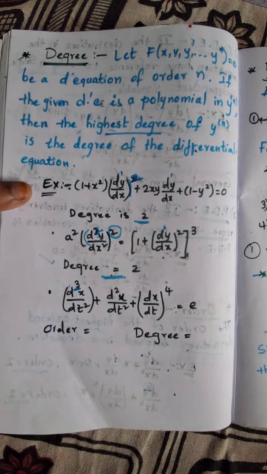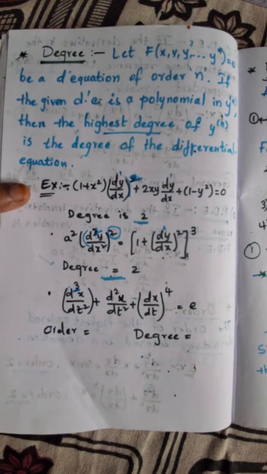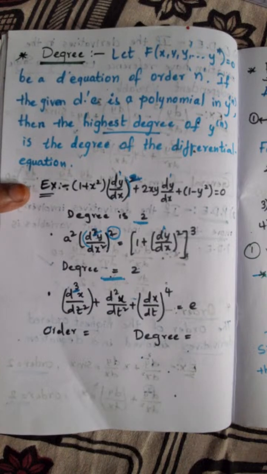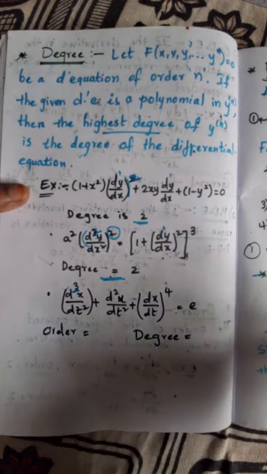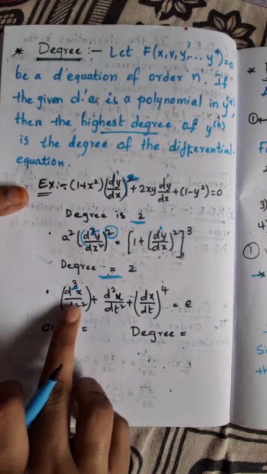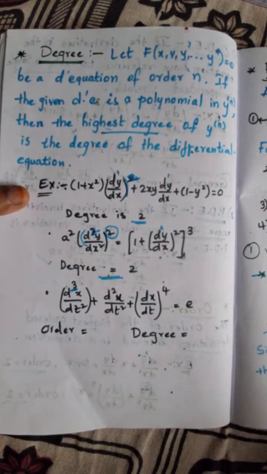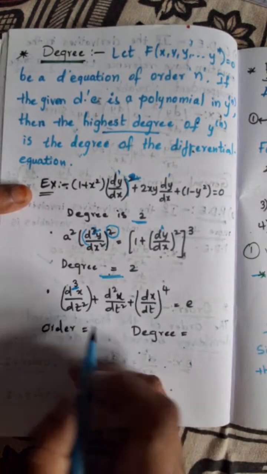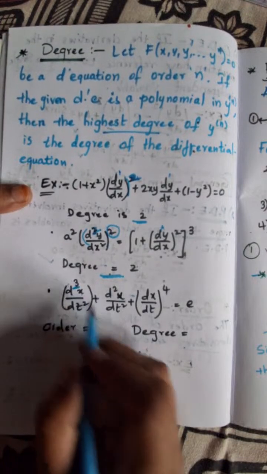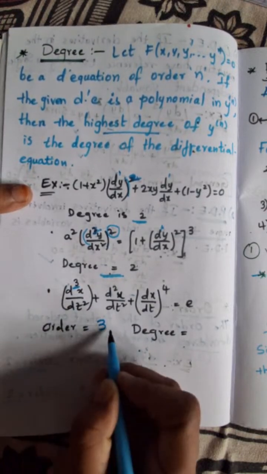Now in this also we can learn very easily. In this d³x, what is the order? Here the highest derivative is 3. So we are writing order is 3.